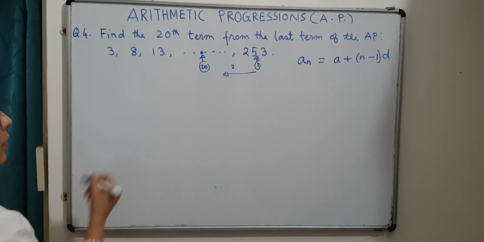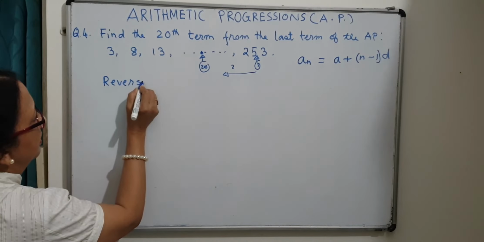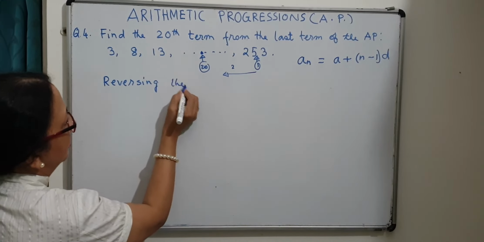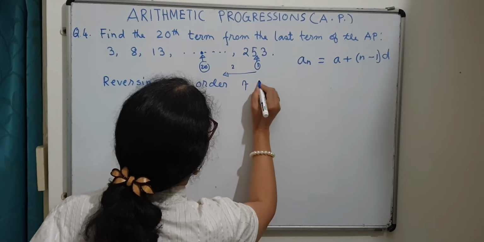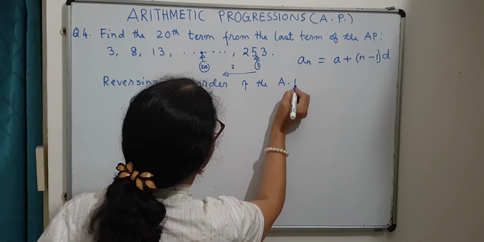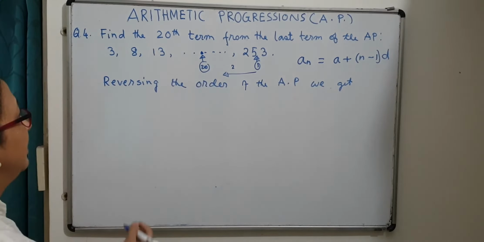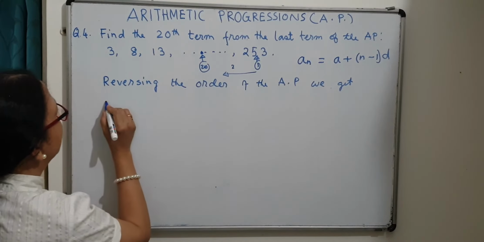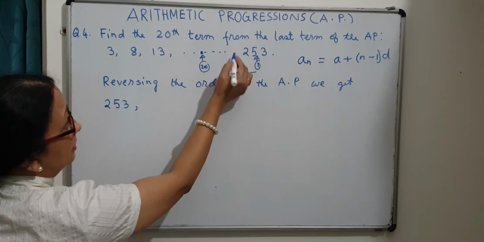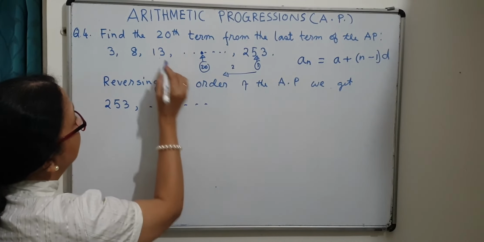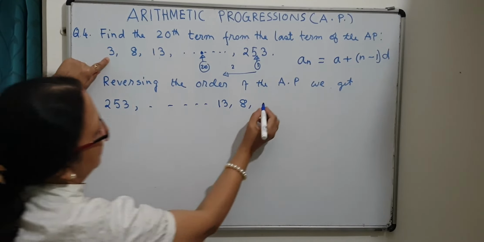So what we do: reversing the order of the AP, we get another AP, the reverse order AP. This will be the first term, 253. Then I don't know what the next term is because it's not given, but moving in this way, it will come 13, next it will come 8, and this first term will now be the last term.